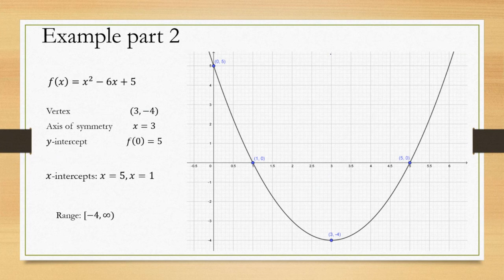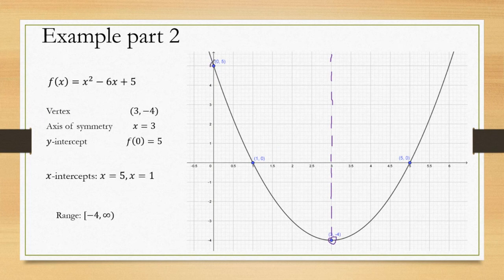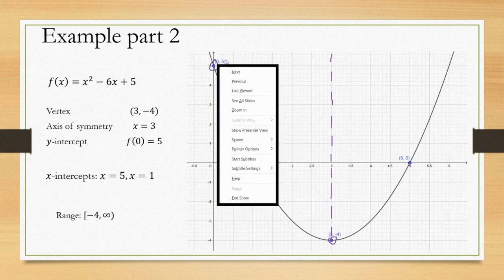The axis of symmetry is going to look like this. Now, I didn't draw it here, but I'm drawing it now. And so we get this. You know, here's the vertex. Here is our y-intercept, as you can see.